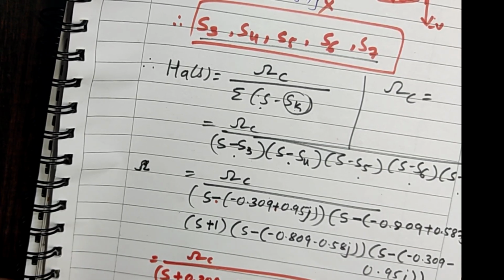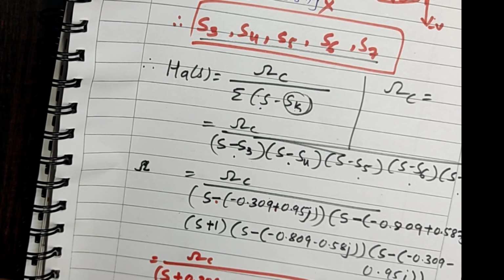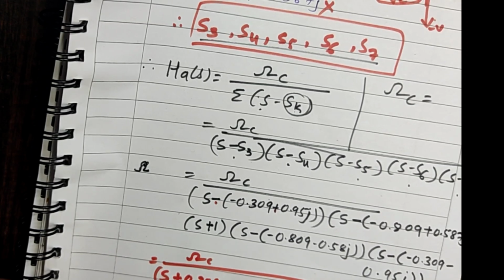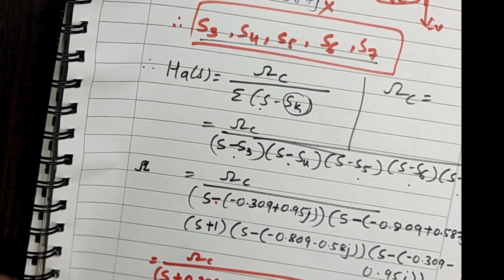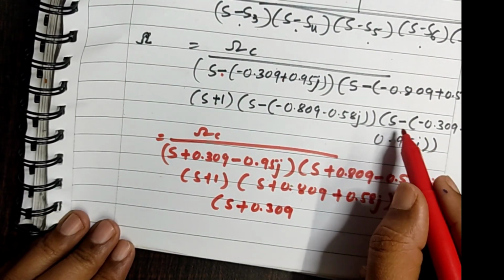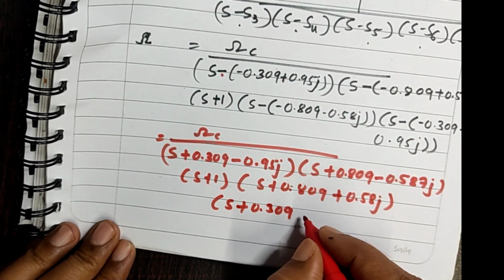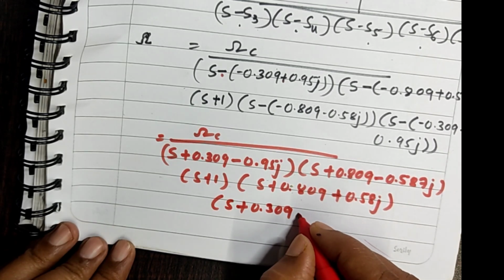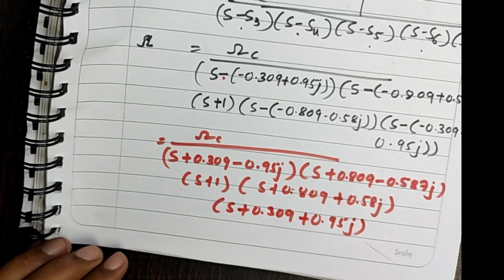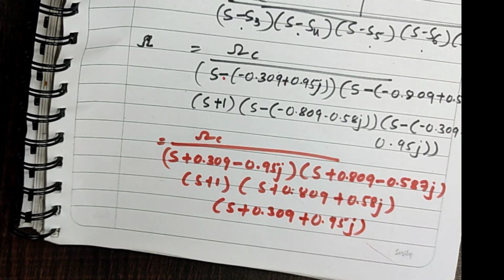S plus 0.809, minus into minus plus, so plus 0.58j. Last one is S plus 0.309, I'm sorry, I am just multiplying this. S plus 0.309, minus into minus plus 0.95j. Okay, these are the poles which we have indicated actually.